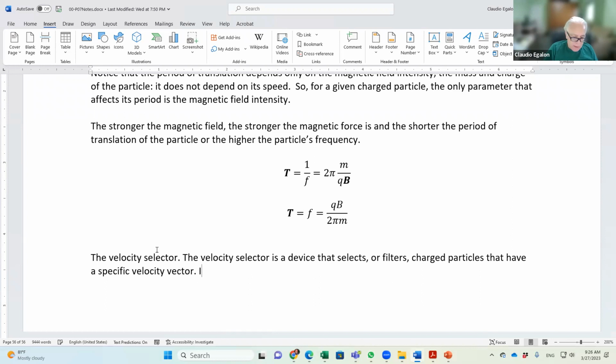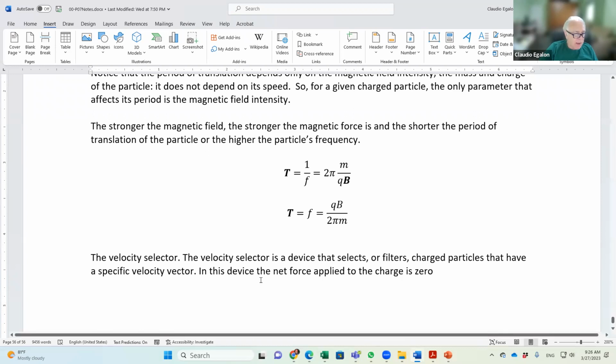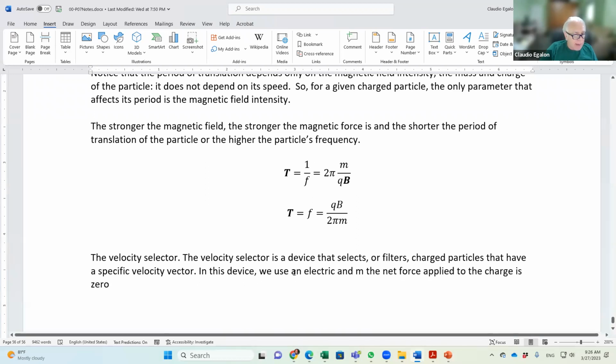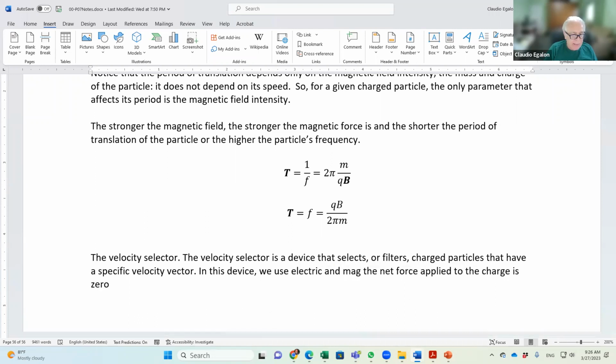In this device, the net force applied to the charge is zero. In this device, we use electric and magnetic fields.